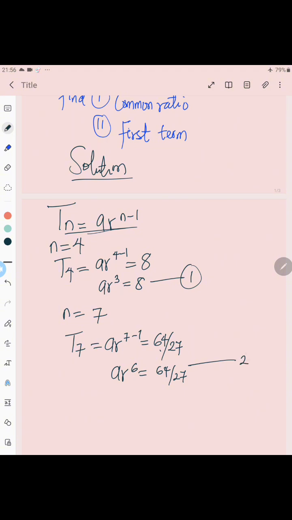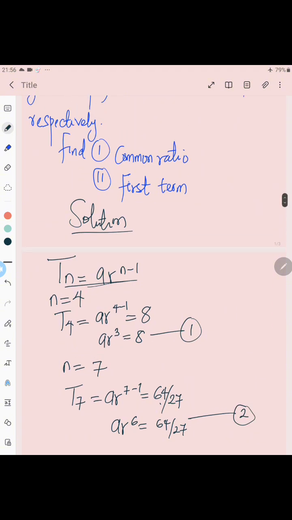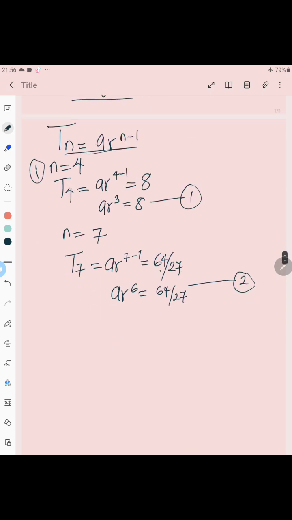This is equation 2. Remember, what we're looking for is the common ratio, right? So we are solving the first question. So all we need to do now is to divide equation 2 by equation 1. Doing this will give us the value for R, which is the common ratio.